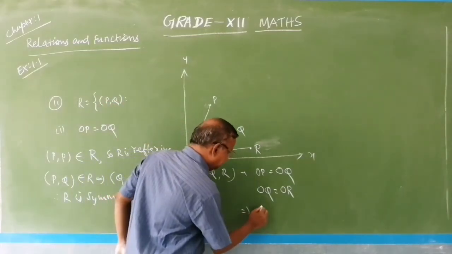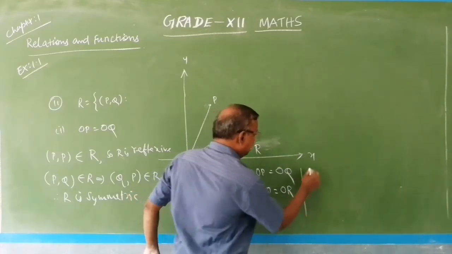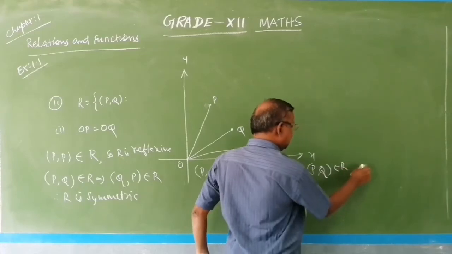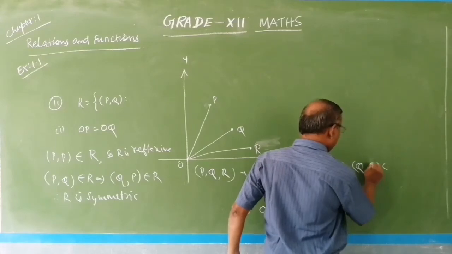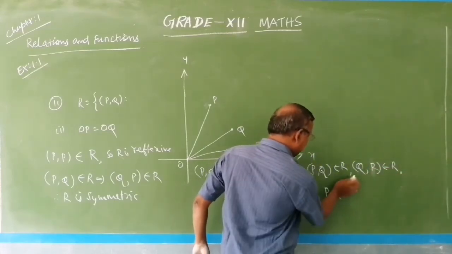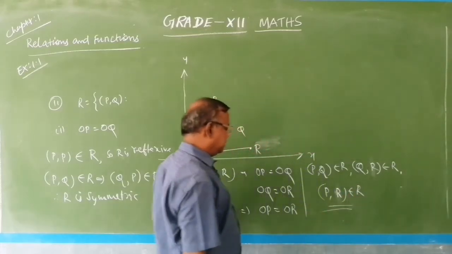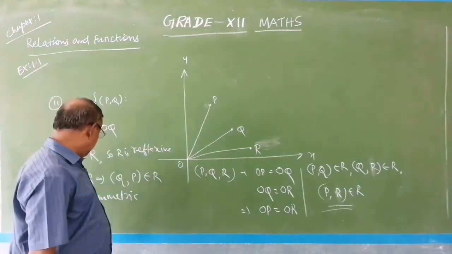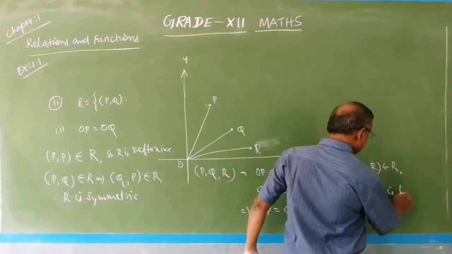Then we must have OP equal to OR. That is, P comma Q belongs to R, and further Q comma R is also an element of R. Definitely P comma R belongs to R. These two possess the same distance from the origin. Therefore, R is transitive too. Hence, R is transitive.